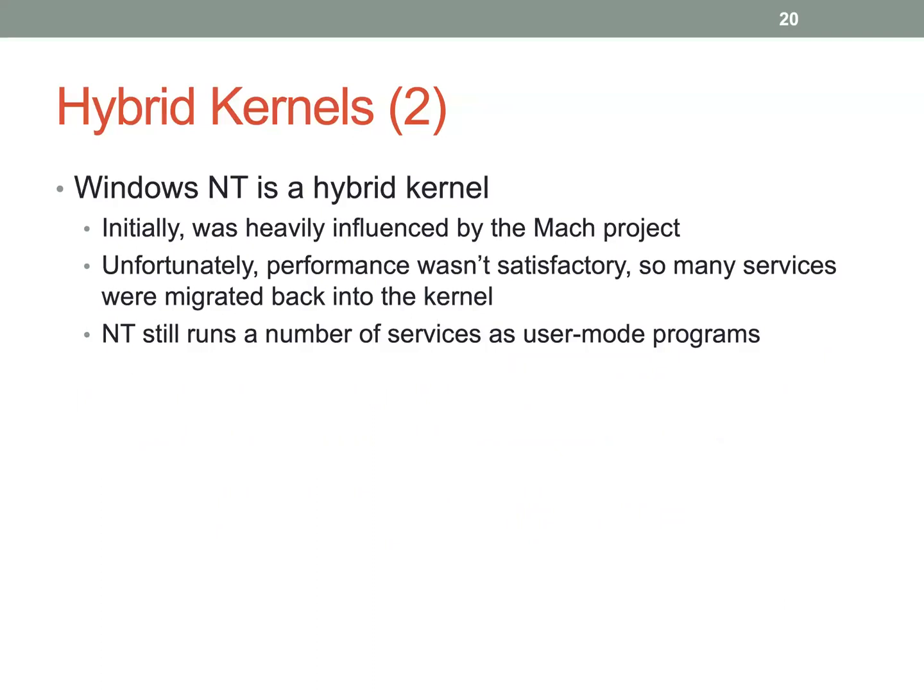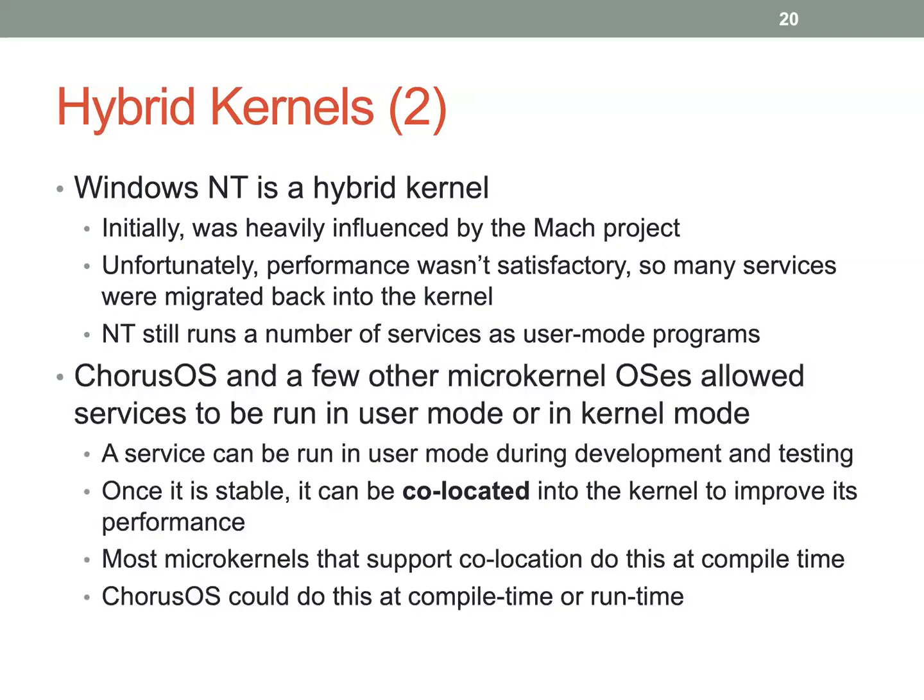A lot of people were excited by Mach. They built a microkernel architecture and found that the performance, as expected, was not sufficient for the needs of the OS. And so they started moving stuff back into the kernel to achieve the performance requirements that were necessary. It's too bad, right? It's a great idea, but we just haven't cracked that nut yet. We haven't quite figured out how to make it super fast.